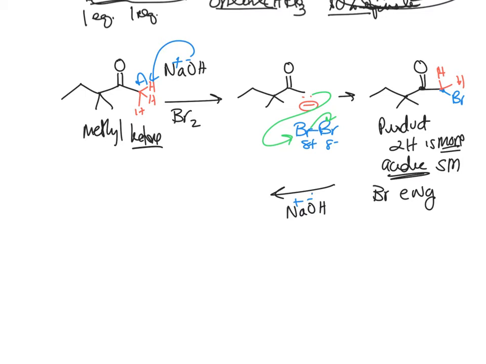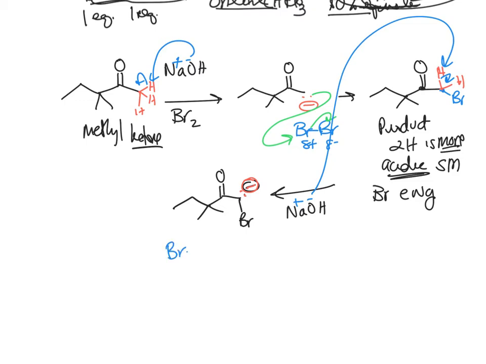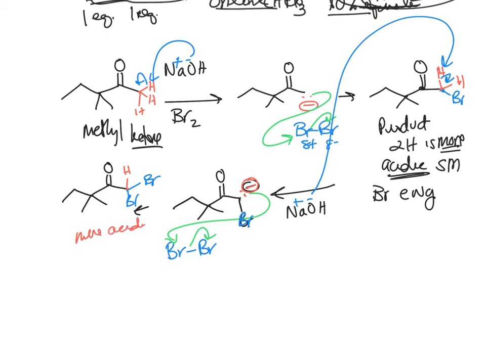All right, so now we're going to form an enolate again. This time we have Br there, and we have our enolate. And we still have Br. And so those electrons will go here, and we'll make Br blue here. Br, Br, and we still have one alpha hydrogen. This is even more acidic than the previous one.